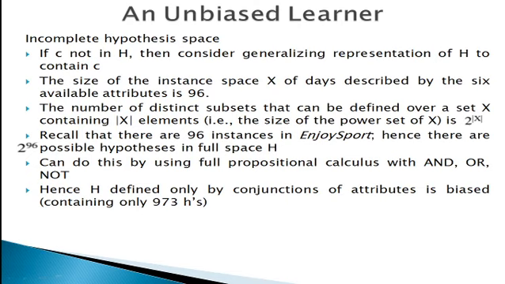So as I told, there are 96 instances, right? So there are 2 raised to 96, or approximately 10 raised to 28, distinct target concepts that could be defined over this instance space, and our learner might be called upon to learn. So if there are 96 instances, then we can expect 2 raised to 96 possible hypotheses in the full space H.